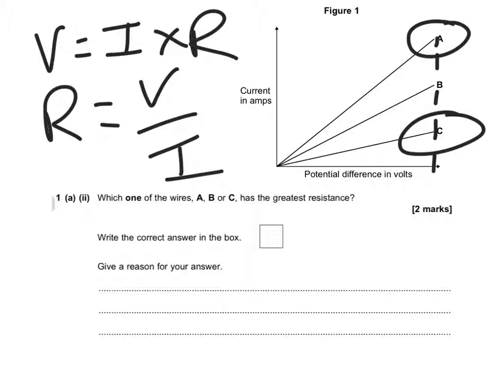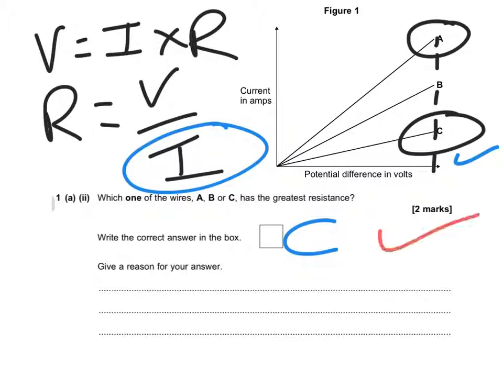So if your I is a larger number, like in A's case, then the resistance is going to be smaller, whereas if it's a smaller number, like in C's case, then the resistance is going to be greater. So the correct answer is C. That will get you 1 mark.